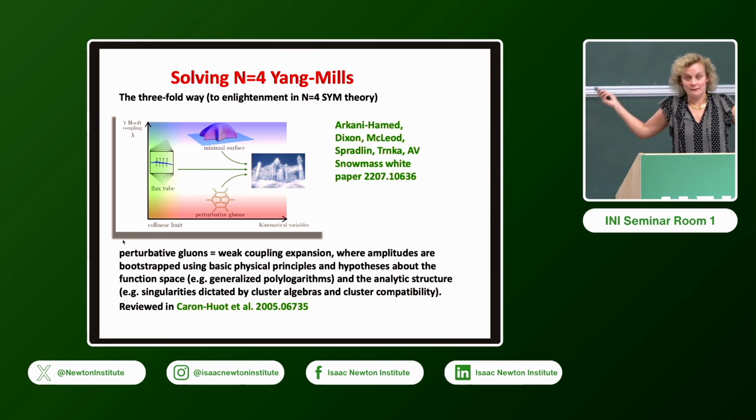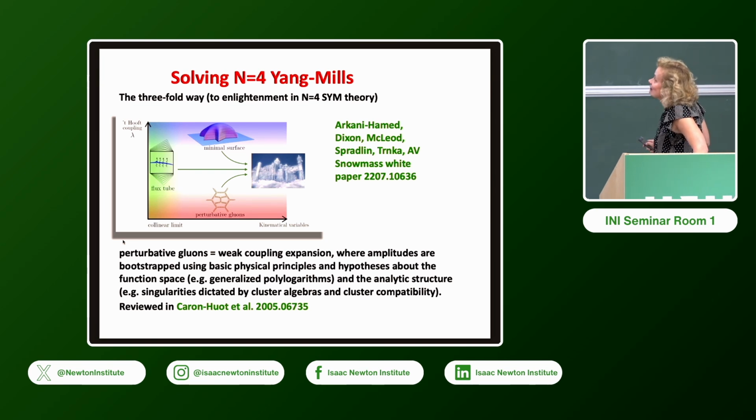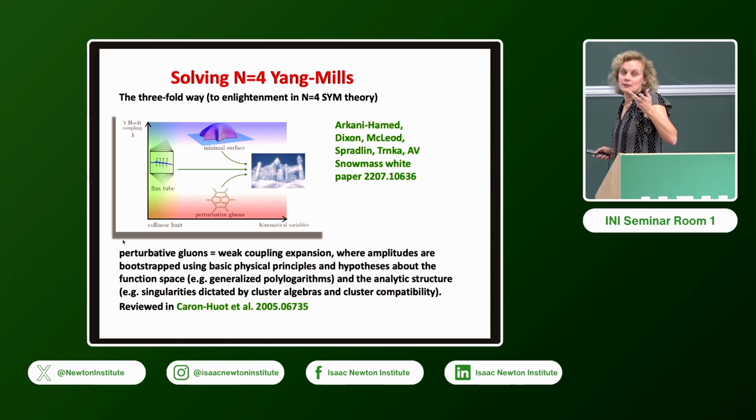So we want to solve N=4 Yang-Mills theory. The origin is probably not our paper, but there's a nice picture I'd like to show. There's a threefold way to enlightenment in N=4. Number one, and that would be the subject of my talk, is the perturbative regime, where we're talking about perturbative amplitudes. Here is a summary of what I will say.